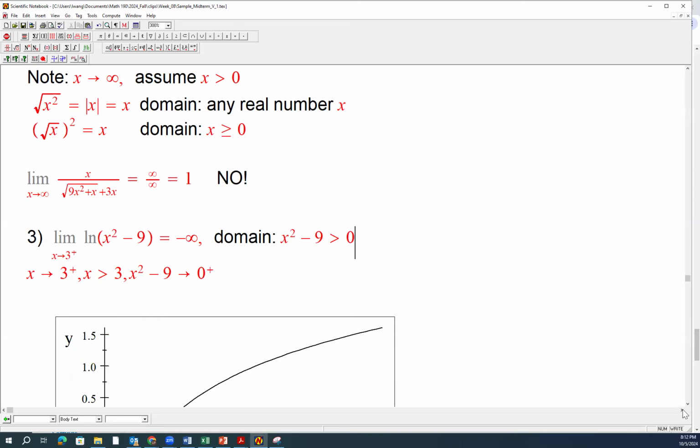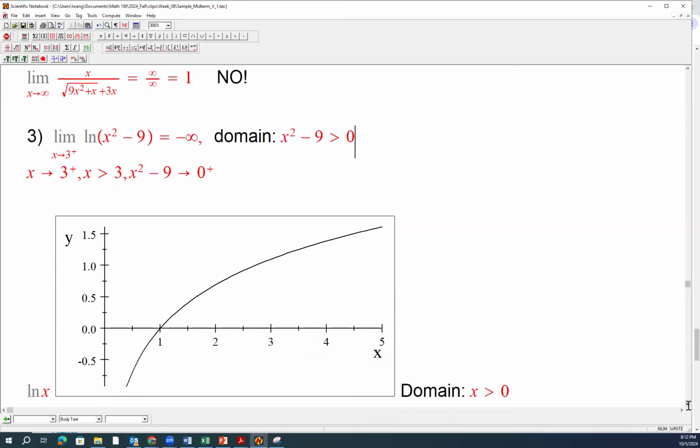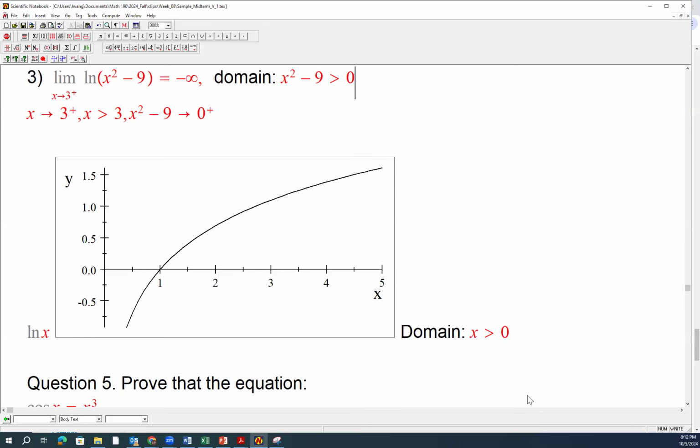Number three, this is about infinite limit. To answer this question, we need to be aware of the domain. The domain of this function requires x squared minus 9 larger than 0, while x approaching 3 from larger than 3, x squared minus 9 is approaching 0 from larger than 0.